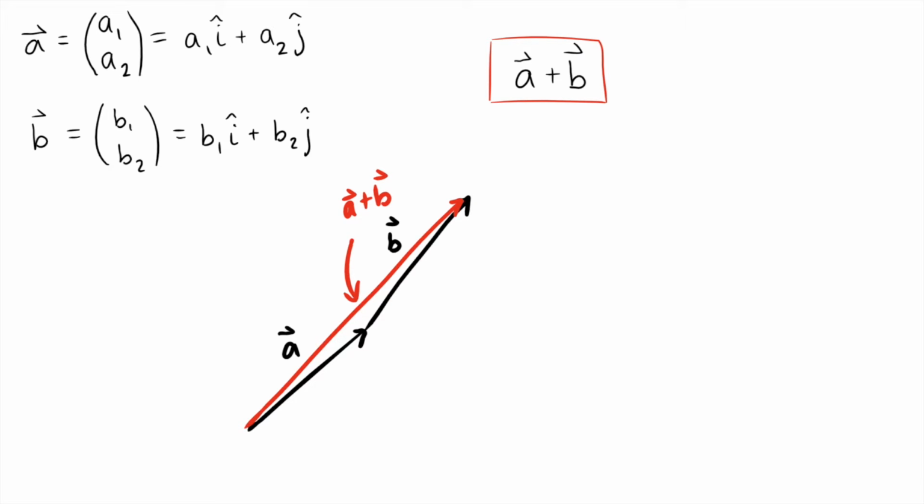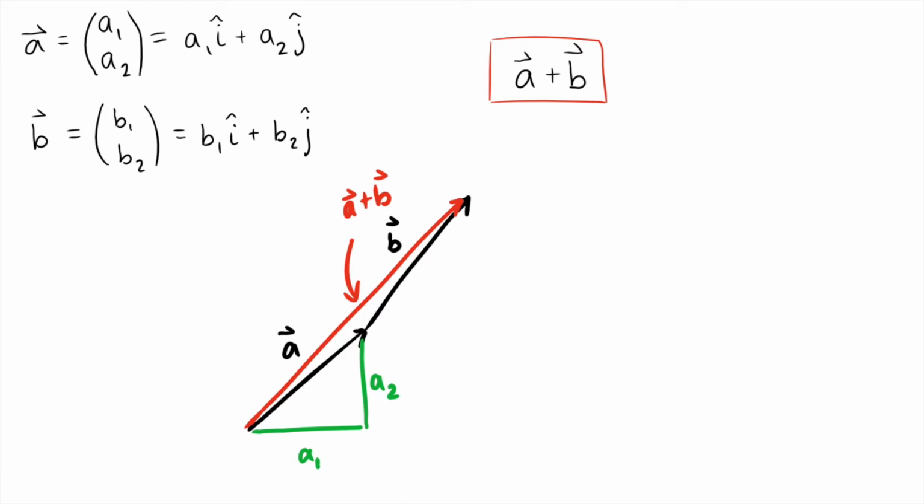Now we know how to do that geometrically. That's already established. What I want to focus on is how do we determine that algebraically? And the key to figuring that out is actually based on looking at the components of the individual vectors. So remember, vector A is based on a horizontal component of A1 and a vertical component of A2.